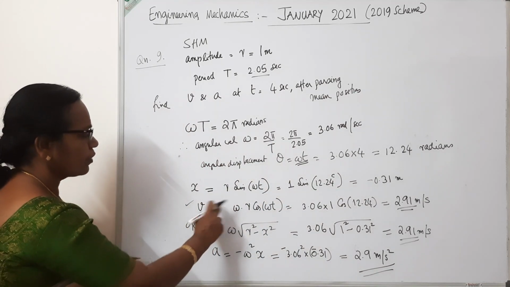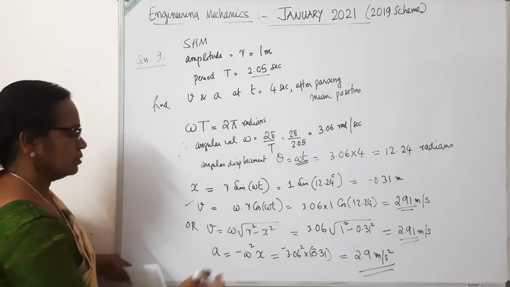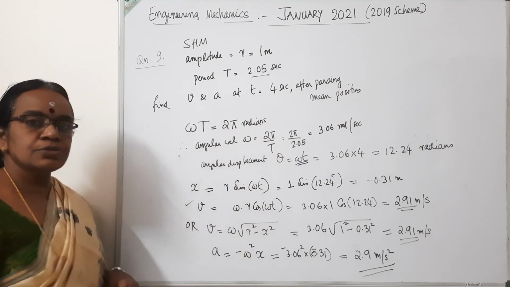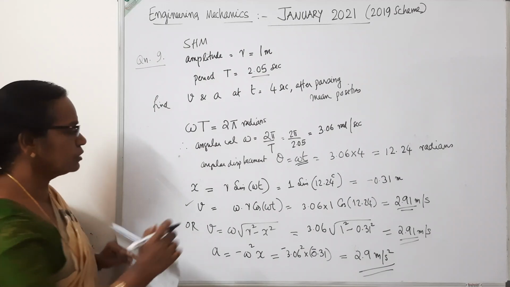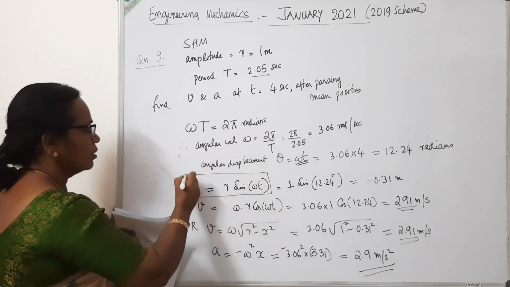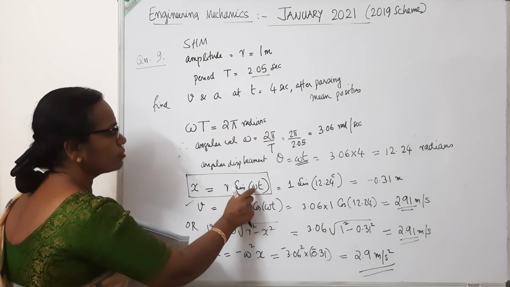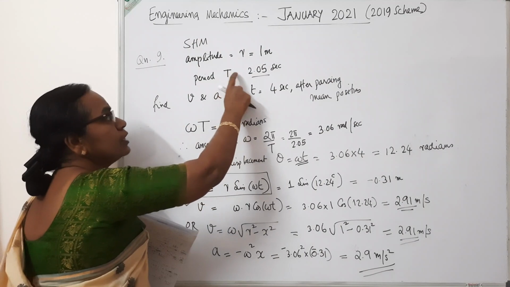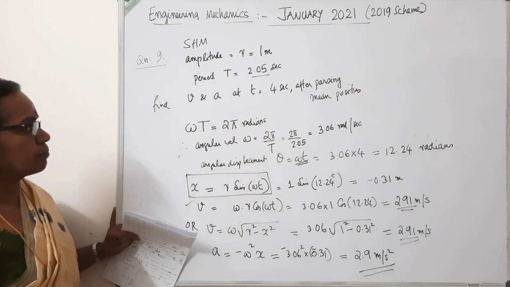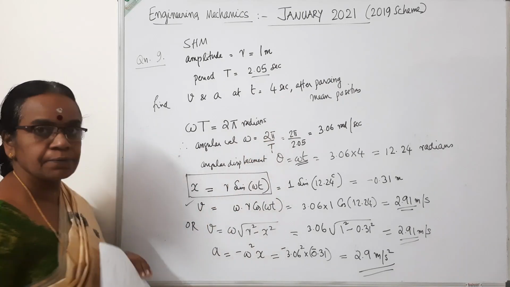Or you can write omega square into r sin omega t, which is the same as omega square x. So it's a simple example. You just have to remember the expression x is equal to r sin omega t, and to find the angular velocity omega, you are given the time period T, and omega into T is equal to 2 pi, so omega equals 2 pi by T.